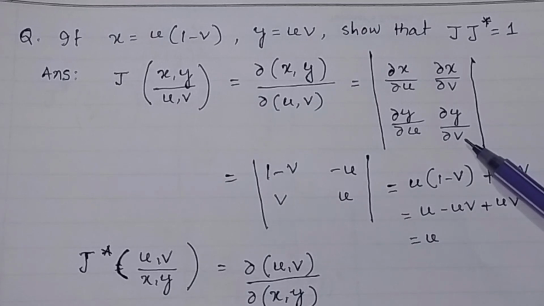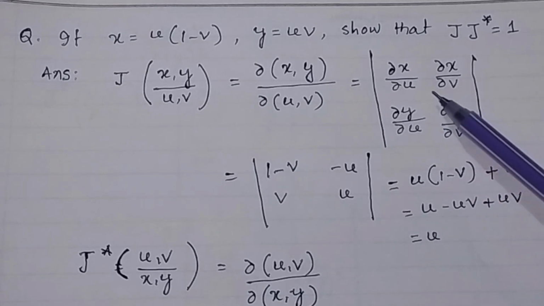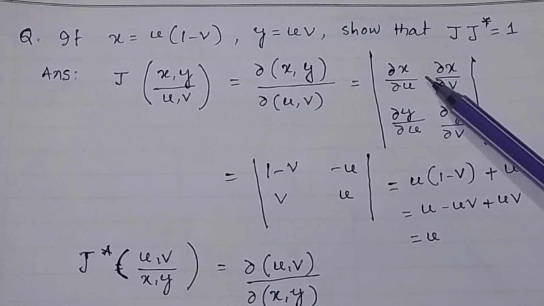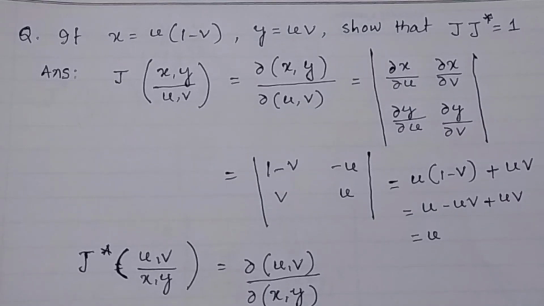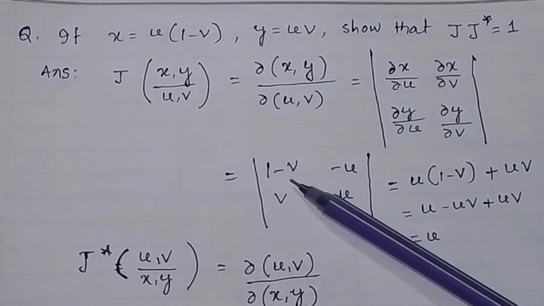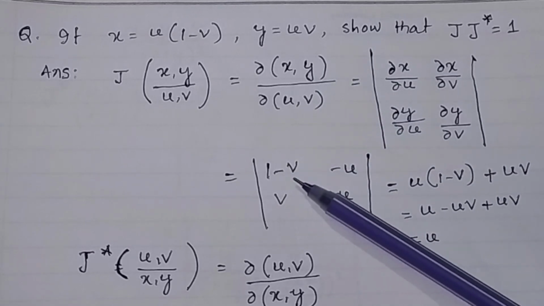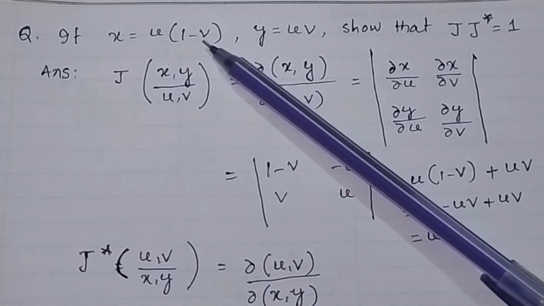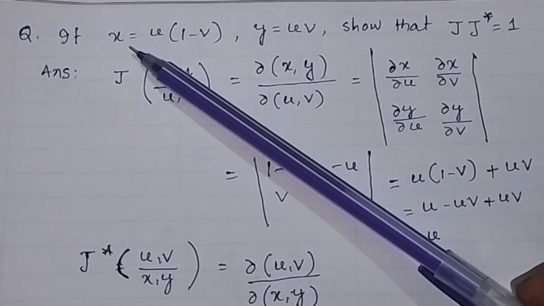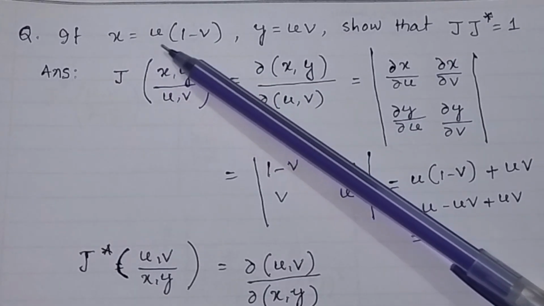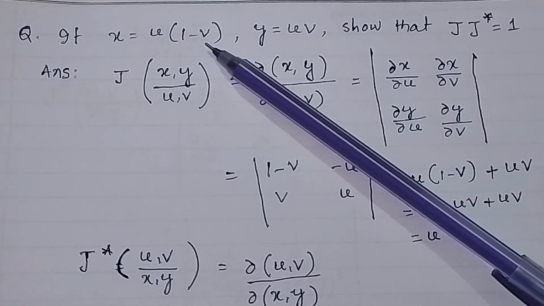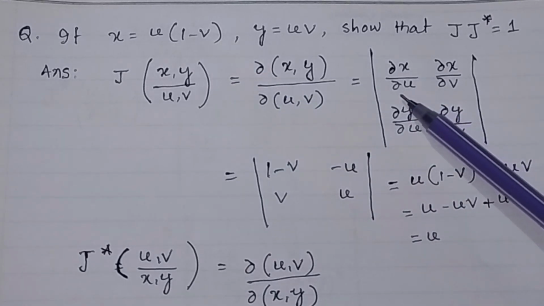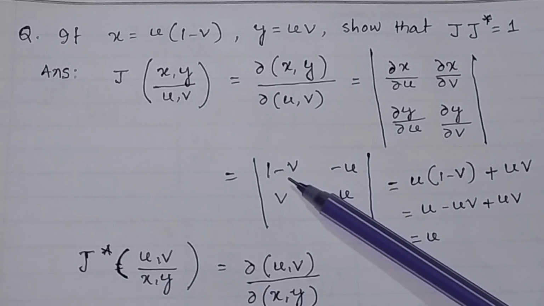If you find the partial derivative of x with respect to u, it will be equal to 1 minus v, since x is given as u into 1 minus v. So the partial derivative of x with respect to u is 1 minus v.